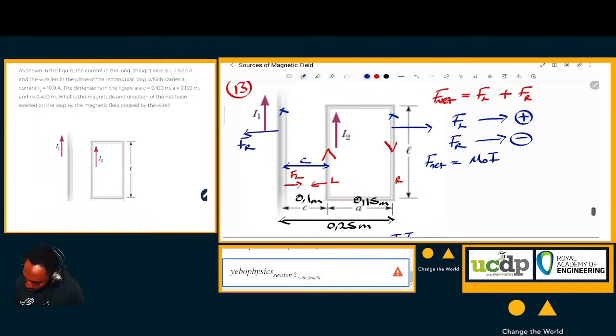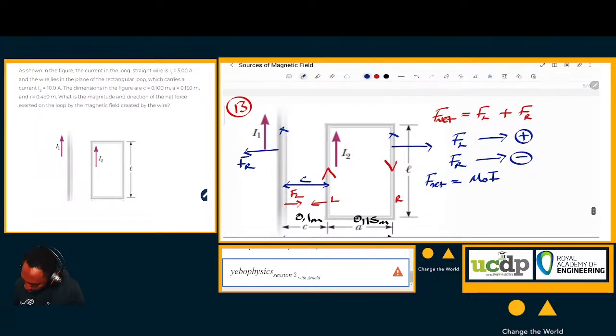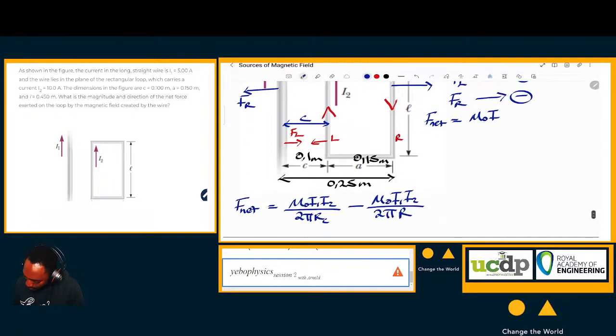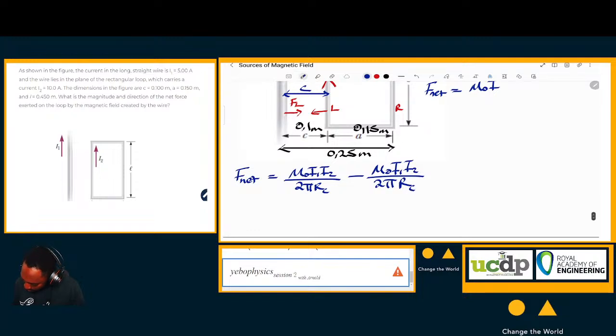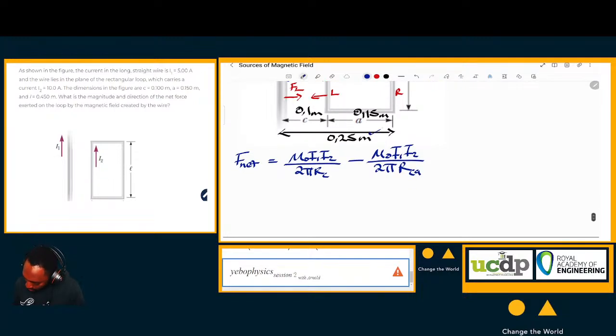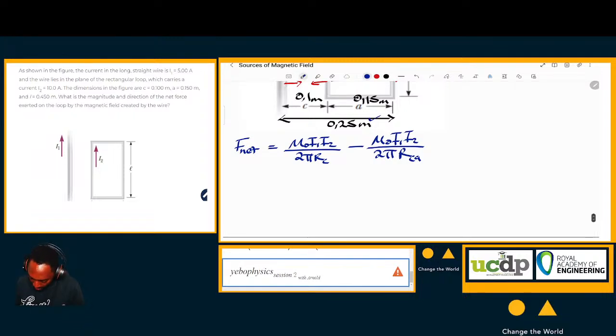Now the distance from this conductor to this conductor is C plus A, which we determined is 0.25. Having done that, you can factor out what is common: mu naught I1 I2 all over 2 pi, times 1 over RC minus 1 over RCA.